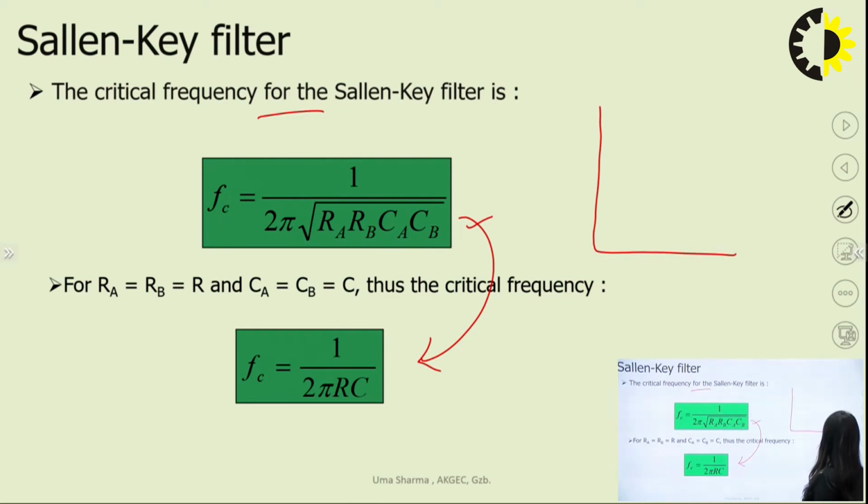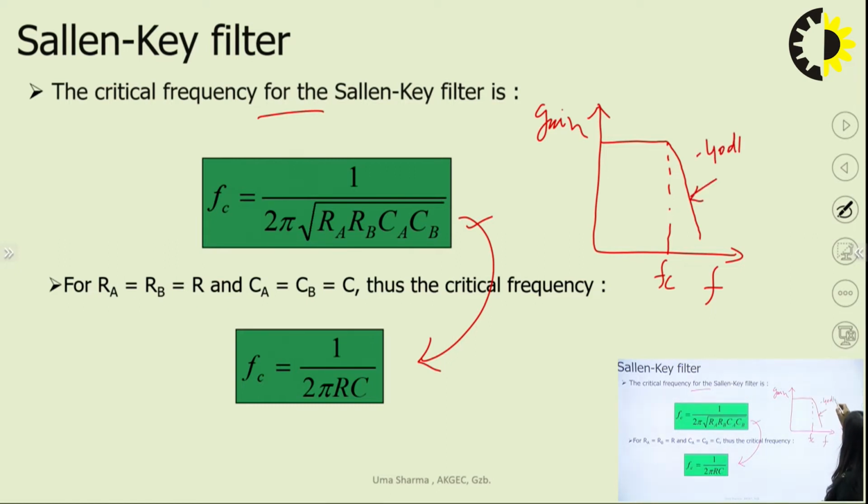The response of the low pass filter will be like this. The filter will pass low frequencies and attenuate high frequencies. On the x-axis this is frequency and here this is gain, and this point is the cutoff frequency FC, and here the gain roll-off rate is minus 40 dB per decade. This is the pass band where gain is constant.